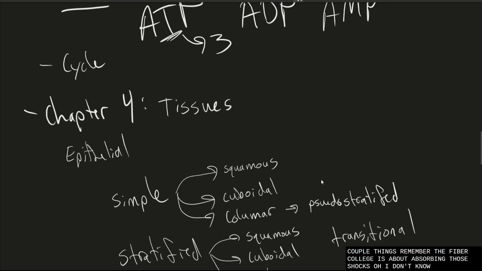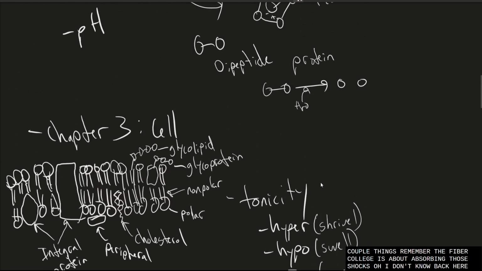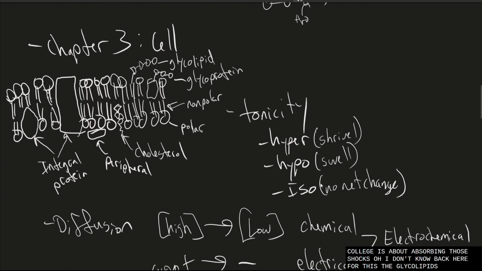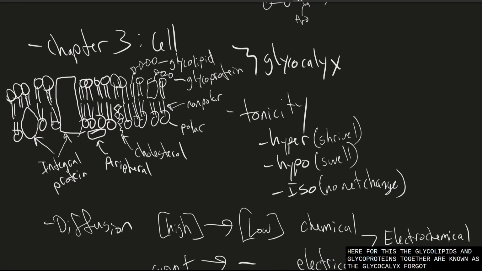Back here for this, the glycolipid and glycoprotein together are known as the glycocalyx. Forgot to mention that. So if you see glycocalyx, it is just a combination of glycolipid and glycoprotein. Oh, and back to the cell.